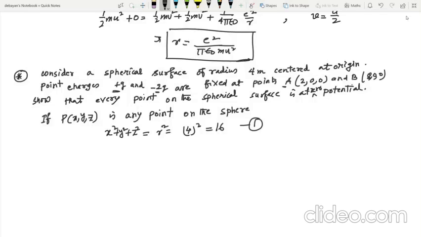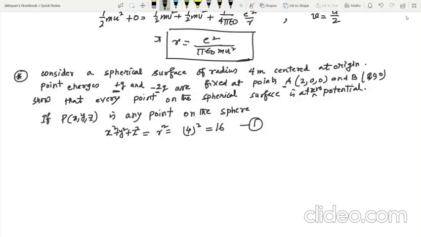Breaking it, x minus 2 whole square means x square minus 4x plus 4 plus y square plus z square, and you know that x square plus y square plus z square is 16.